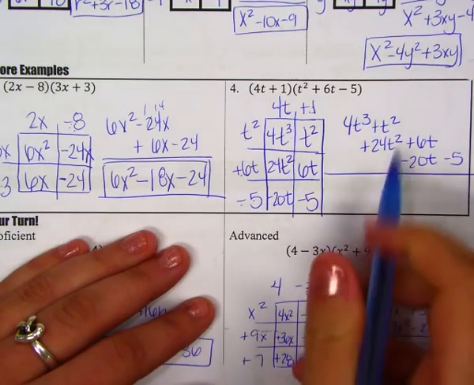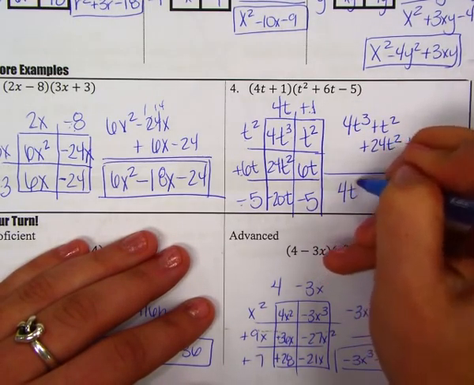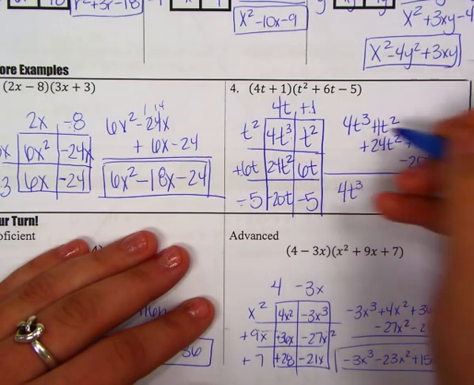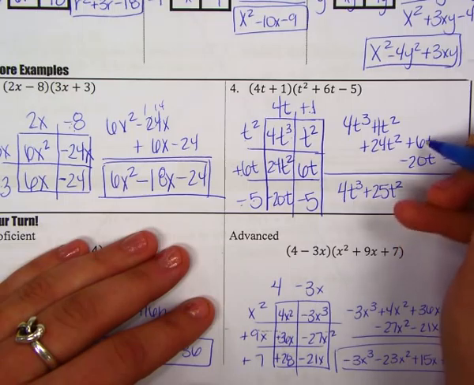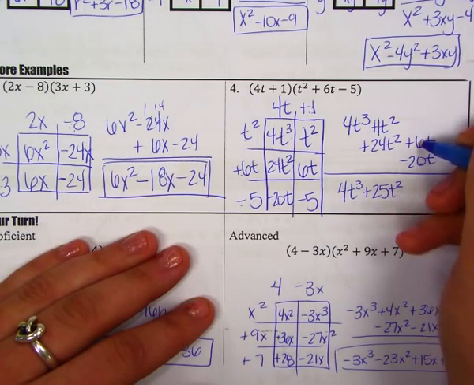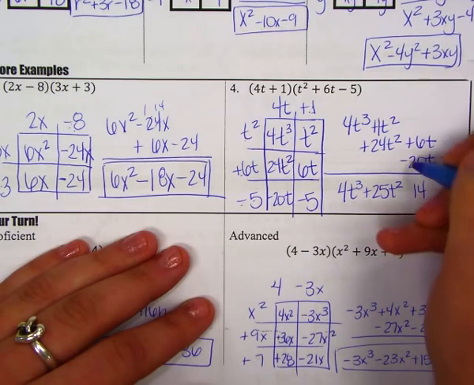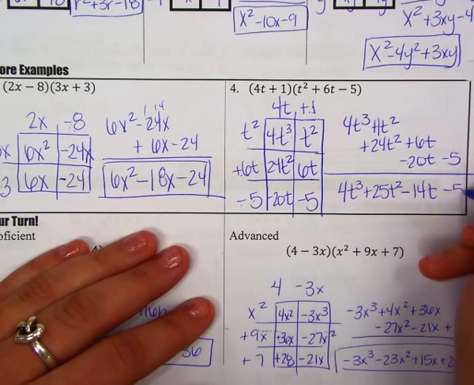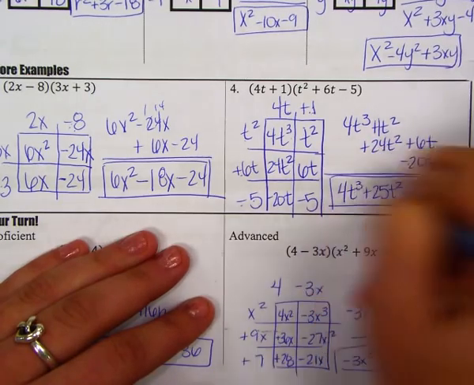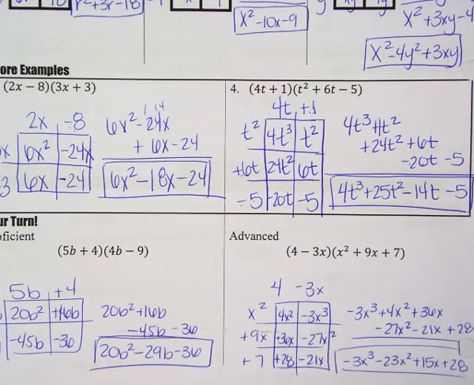And this is fine. 4t cubed, or to the third. 24 plus 1 is 25t squared. Negative 20 plus 6, the signs are different, so I subtract, which is 14. Keep the sign with the larger number, negative. Then negative 5. Go ahead and do your practice, and you can be checking your answer keys with your teacher.